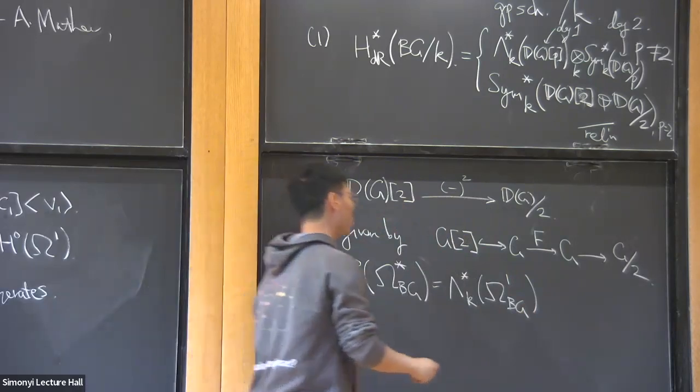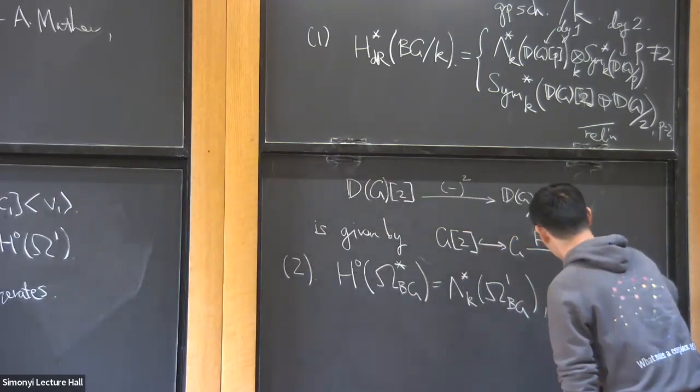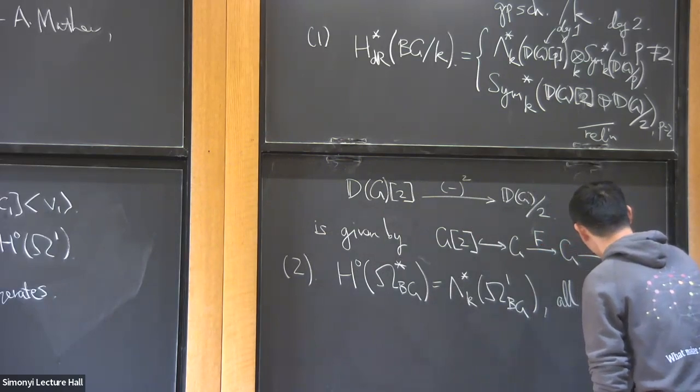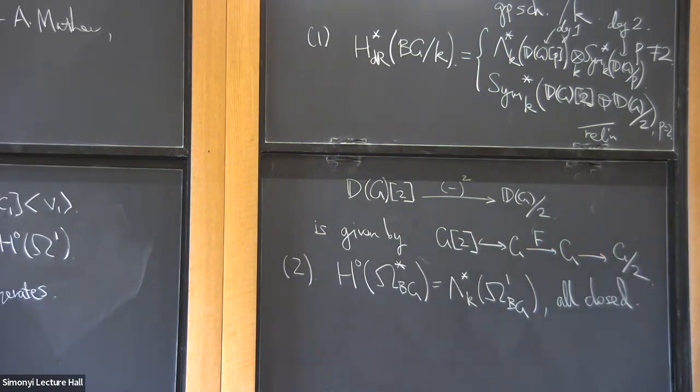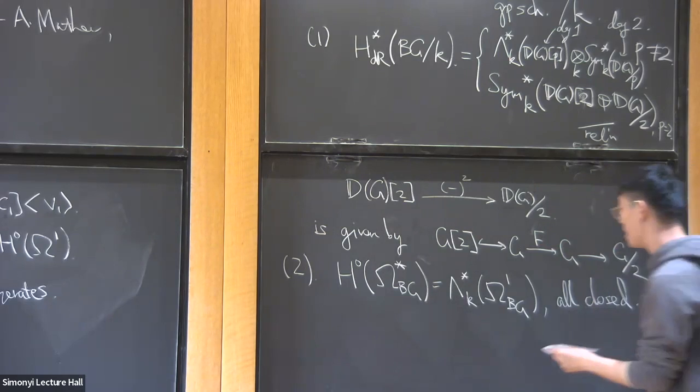Okay, and they are all closed forms. They are also never going to be the image of the Hodge to de Rham differential, the differential under the Hodge to de Rham spectral sequence.